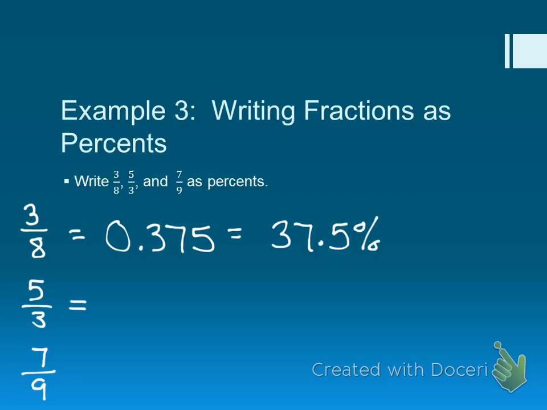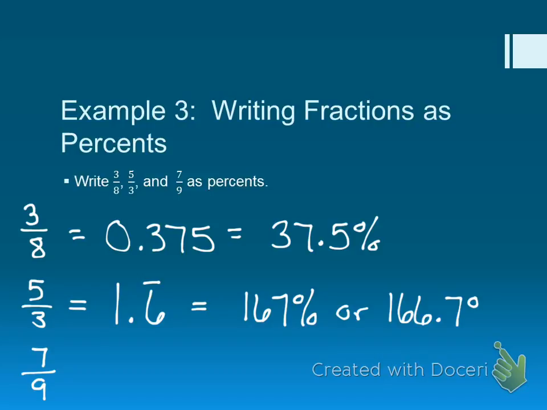So 5/3 is what? 167%. Okay, so it's 1.6 repeating though, isn't it? Yeah. 1.6 repeating, so that's going to be 167%. Or you could have said 166.7%, and that would have been fine as well.